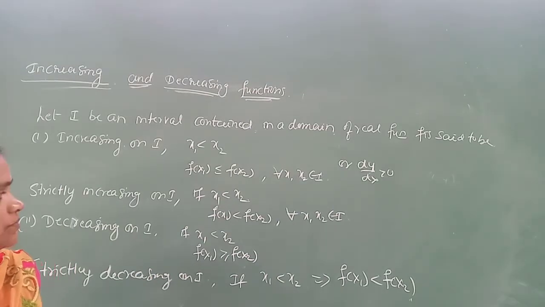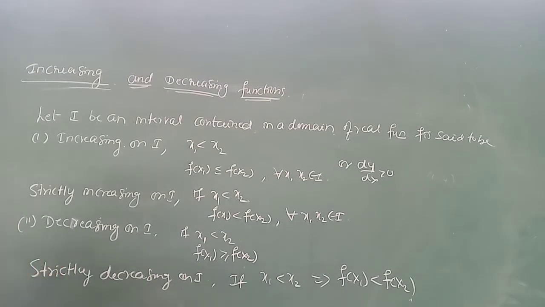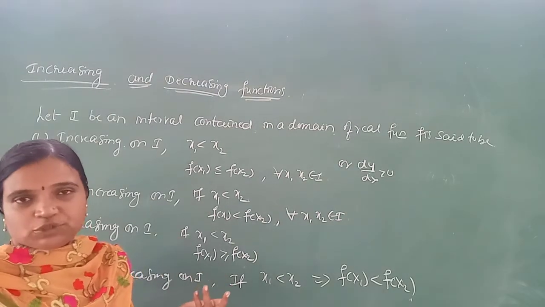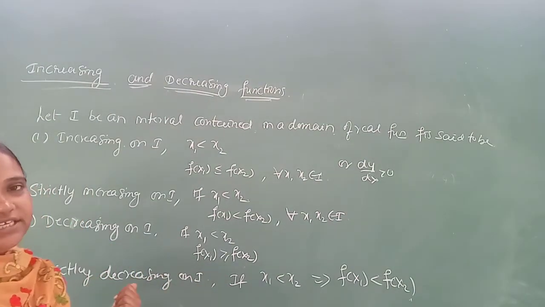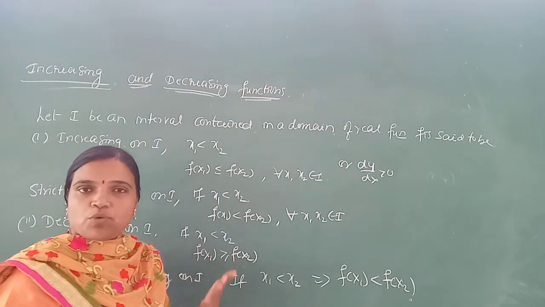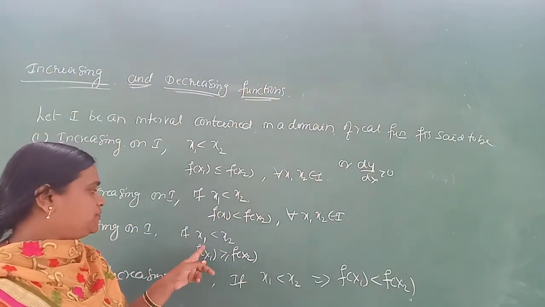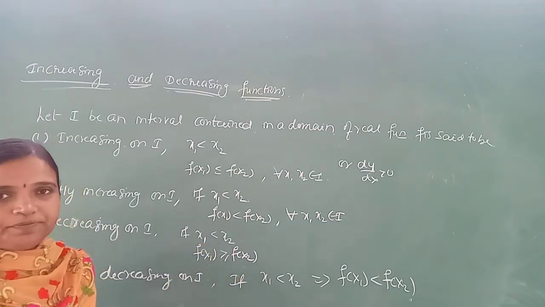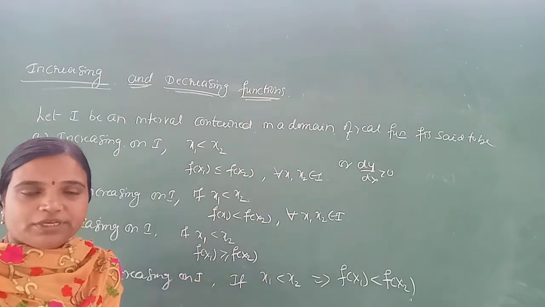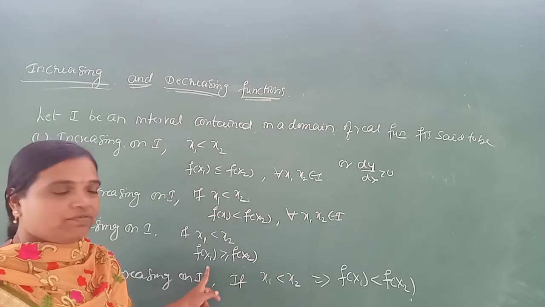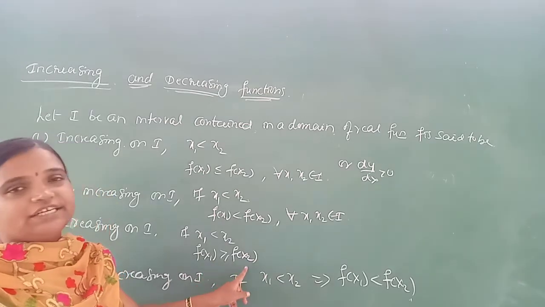Okay. Next, decreasing on I. The reverse form. Naturally, for decreasing, as x increases, y decreases. Similar concept we are using here. x1 less than x2 implies f of x1 should be greater than or equal to f of x2.